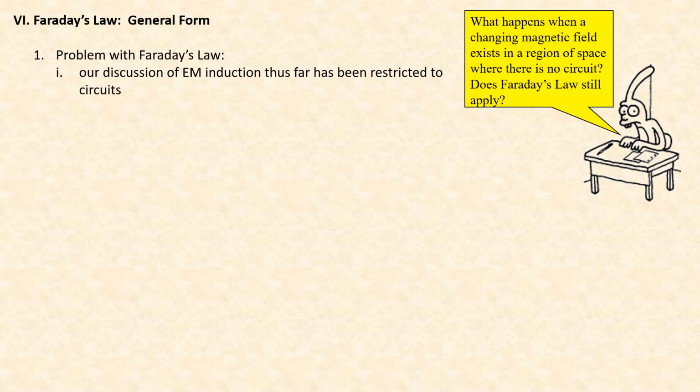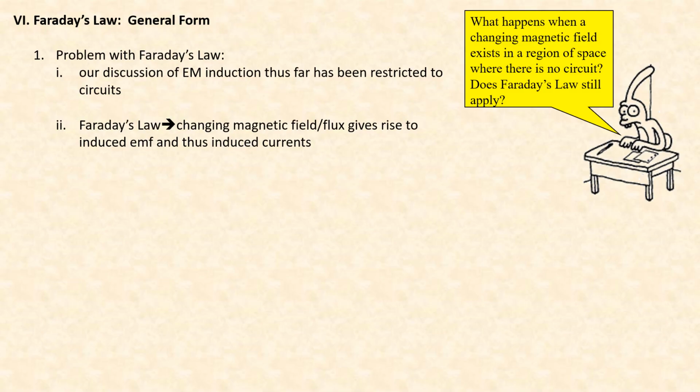So far in our discussion of electromagnetic induction, it's been restricted to electric circuits. Faraday's law tells us that when you have a changing magnetic field and thus changing magnetic flux, this will give rise to an induced EMF and thus induced currents.